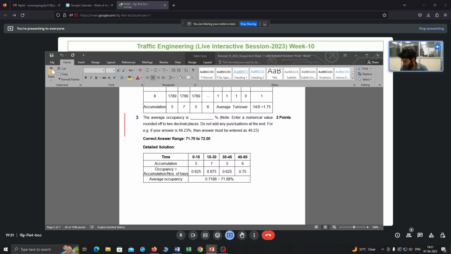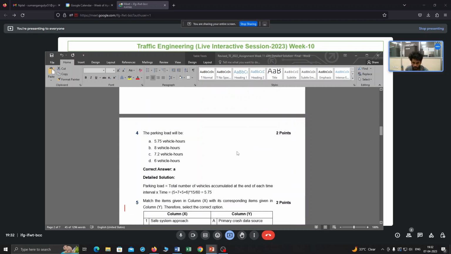So summation will be 5, 5, 10, 16, 23 into 15 vehicle minutes. So vehicle hours will be by 60. So 23 by 4 ultimately. 5.75 will be the answer. 5.75. This will be vehicle hours.